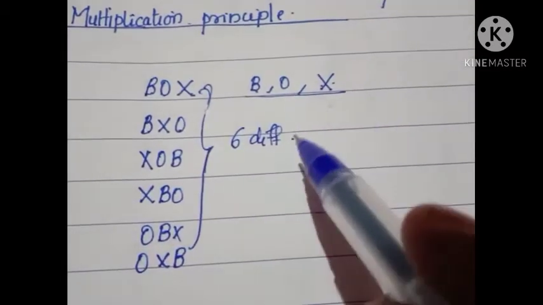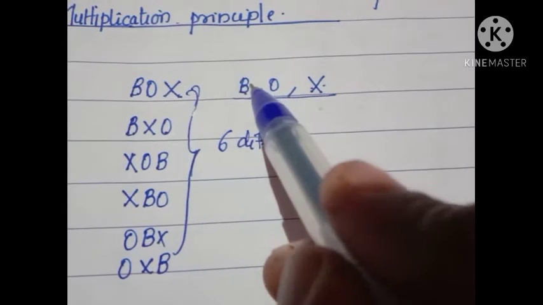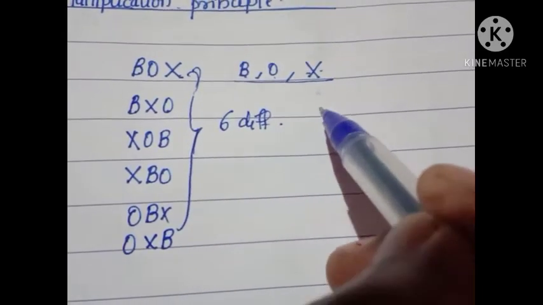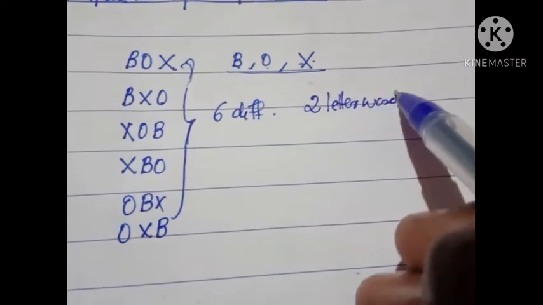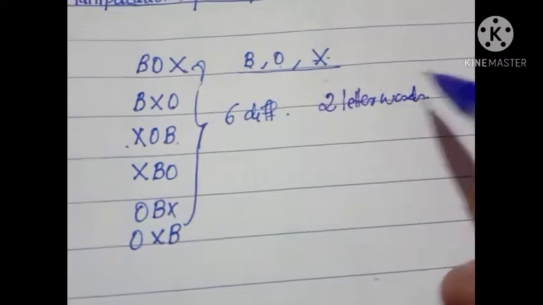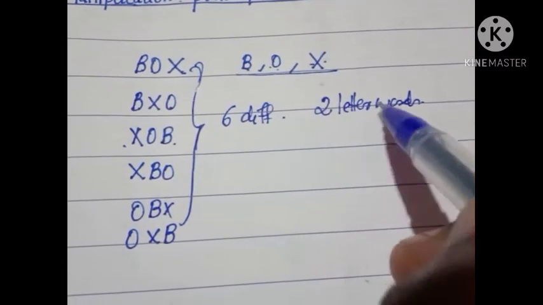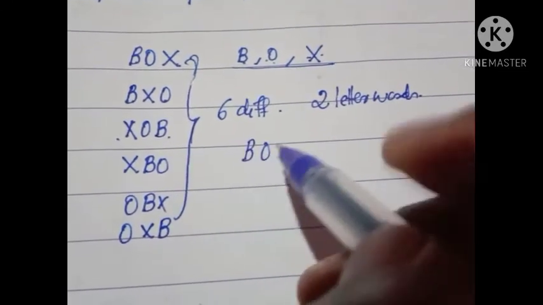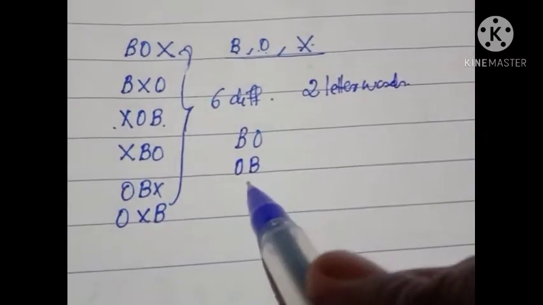So, listen. Another example: from these three letters, I am going to find the arrangements of 2-letter words. This is 3-letter words. Now, using these letters, we need to find 2-letter words. That means, suppose BO, it is a 2-letter word arrangement. OB, this is another one.